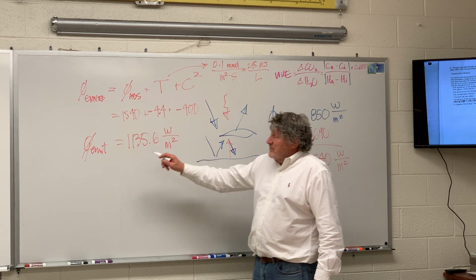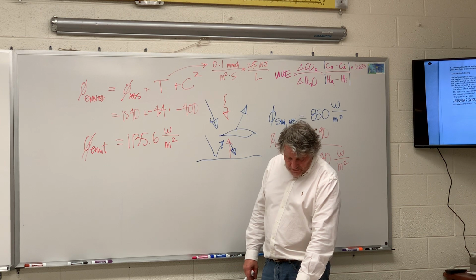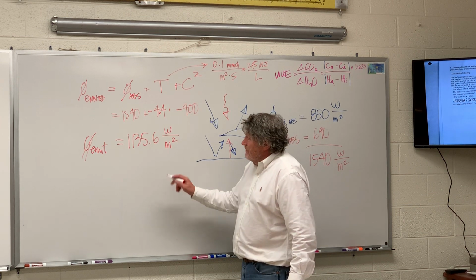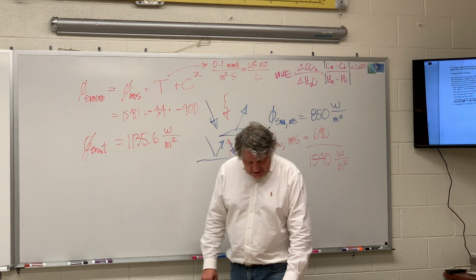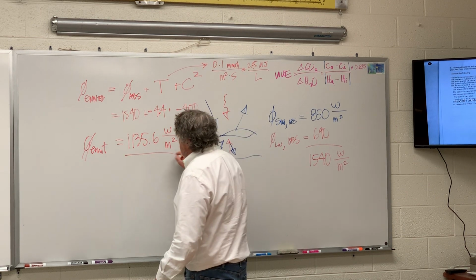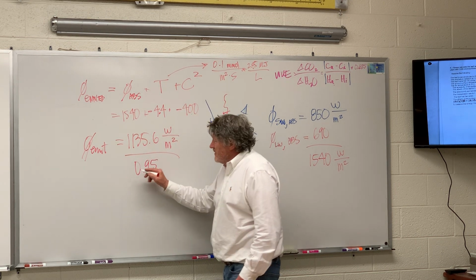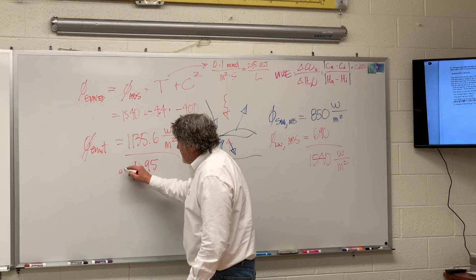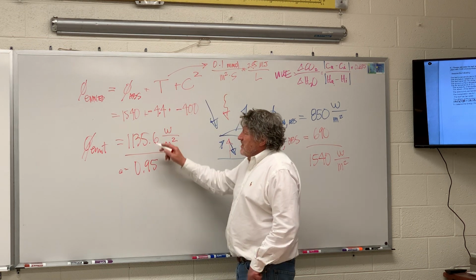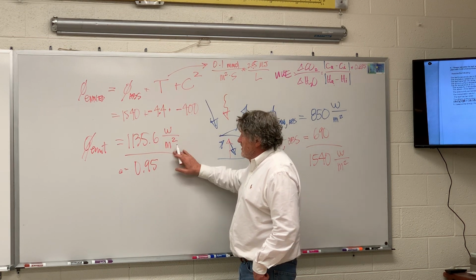There are two ways to calculate leaf temperature. First of all, the emissivity of this leaf is 0.95. I'm going to put emissivity right here. That means the leaf has to get a little bit hotter to emit this radiation.